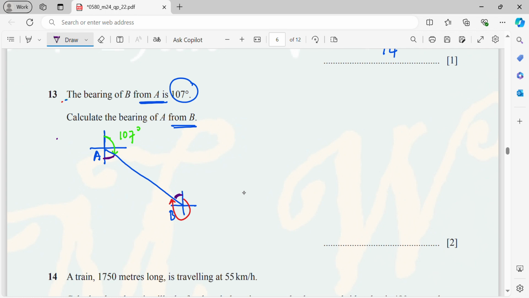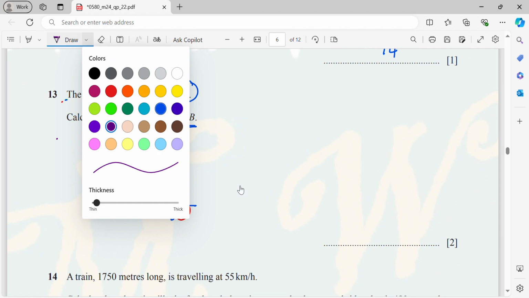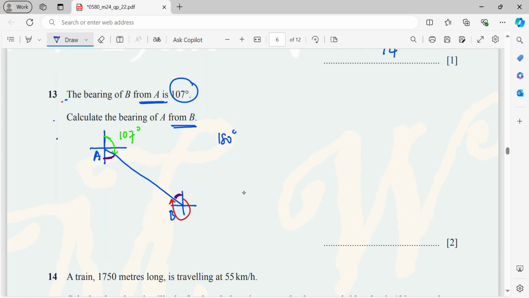So I need to find out what is this opposite angle first. So it will be 180 degrees minus 107 degrees. Okay, wait. I do not need to calculate this. I have another idea. Look at here. This angle, 107, right?